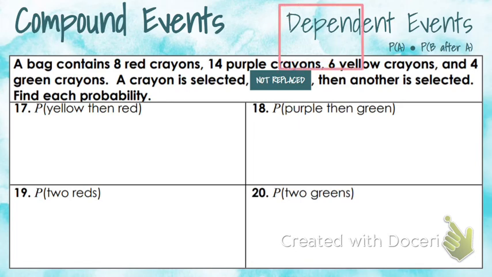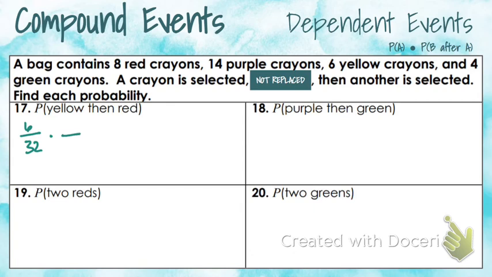All right, we have switched to dependent events, which is the probability of A times the probability of B after A. So we'll notice that we're using the exact same prompt, but this time they are not replaced. So if we want to draw a yellow crayon, there are 6 yellows out of the 32 total. And then we want to draw a red crayon.